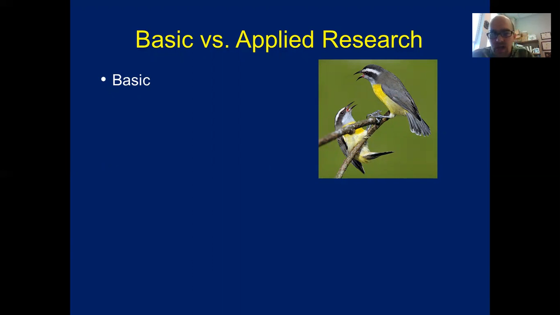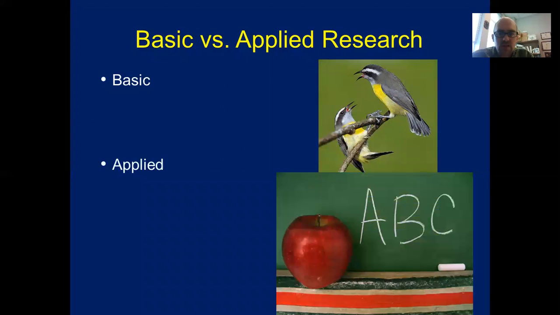And then applied research, you're essentially taking it out into the world and seeing how it performs in the world. So maybe researchers have found the way a particular enzyme in switchgrass works. And then out in the field, we have a number of different treatments.